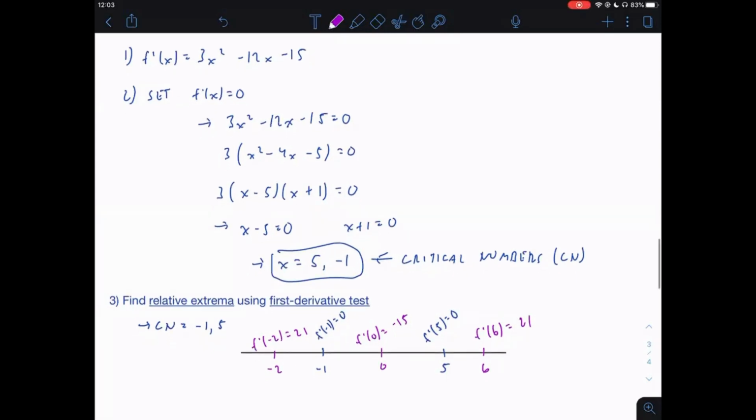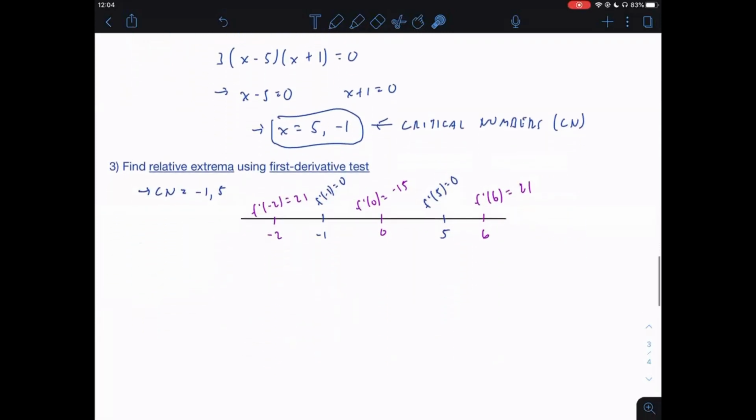Again, we're evaluating these points in our first derivative. We plugged in negative 2, 0, and 6 into the first derivative. So what is this telling us?